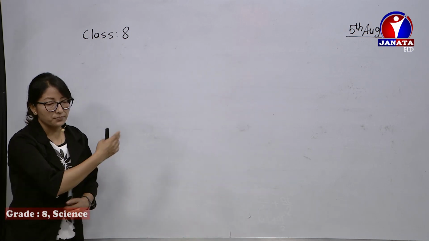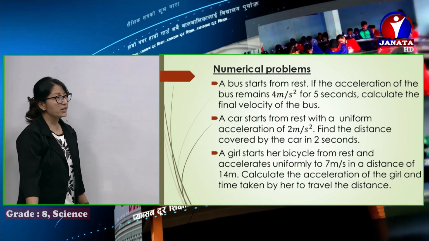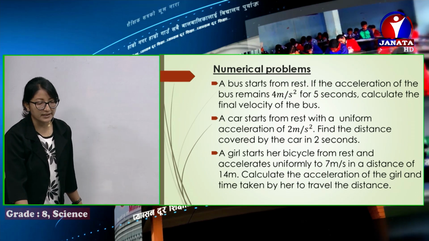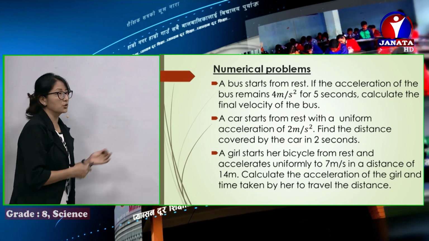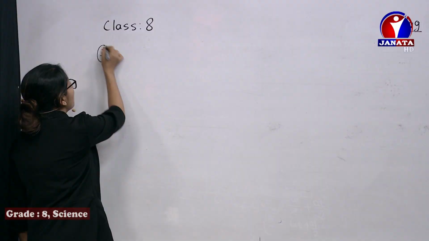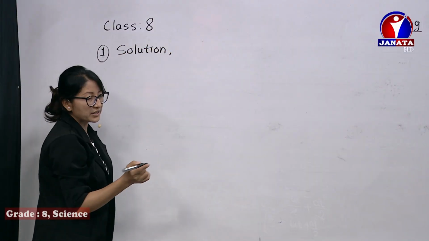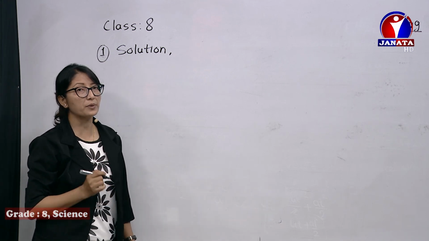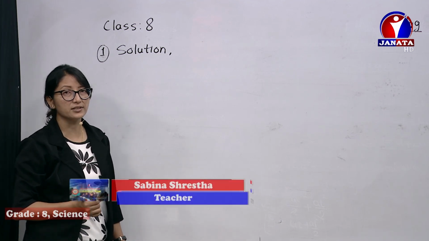You can just check the question. A bus starts from rest. If the acceleration of the bus remains 4 meter per second square for 5 seconds, calculate the final velocity of the bus. So let's solve it. Number 1, solution. The question says a bus starts from rest. I think you do remember in the previous class we solved questions related to acceleration and retardation as well.